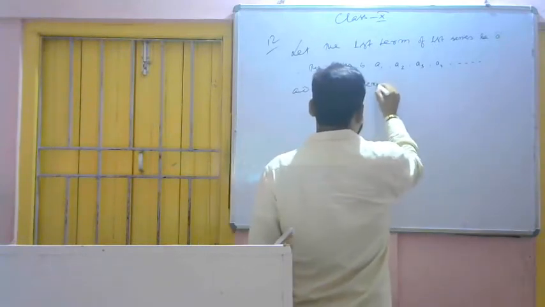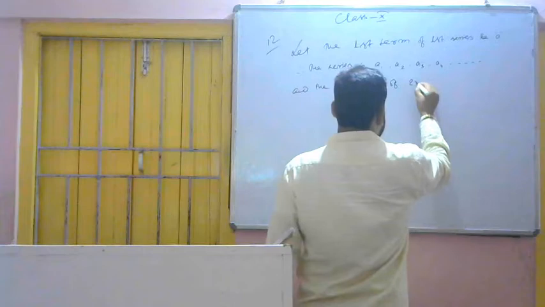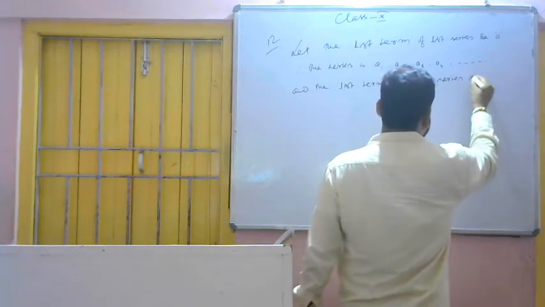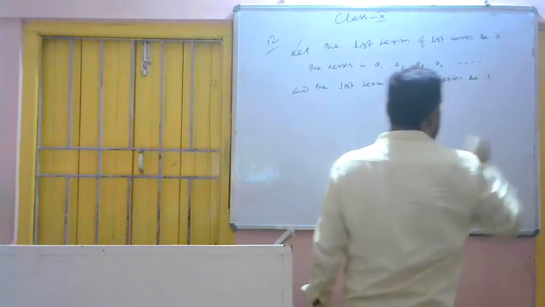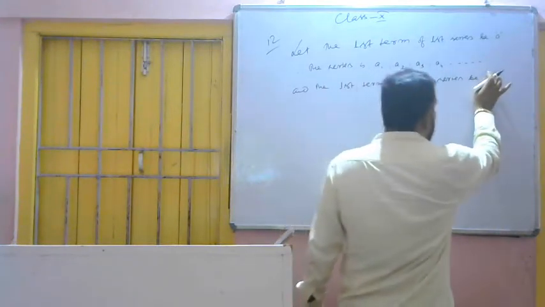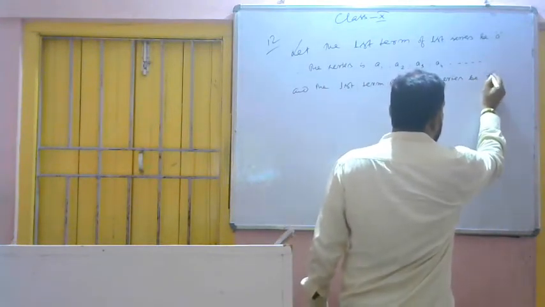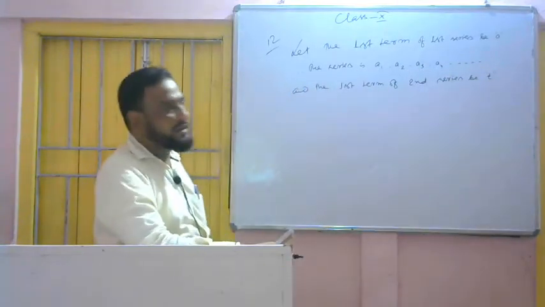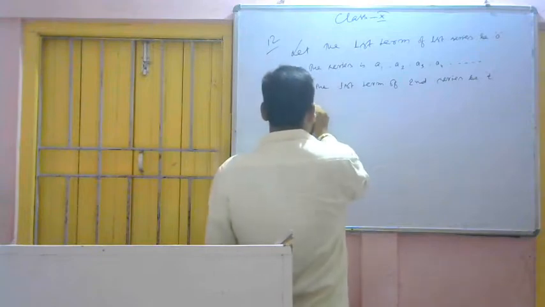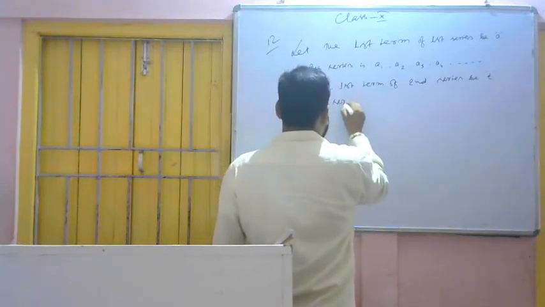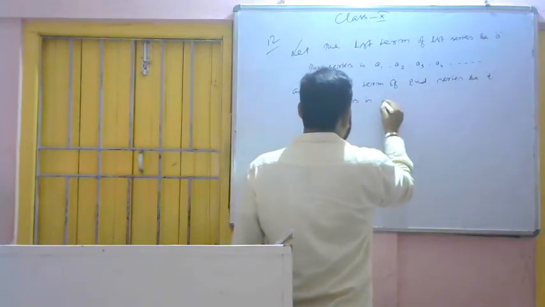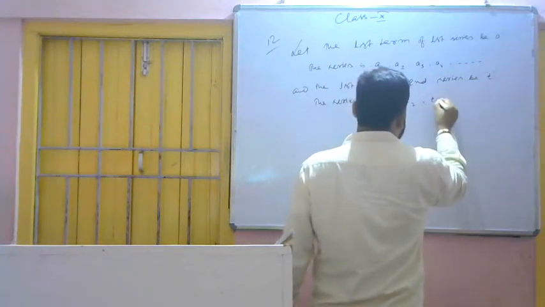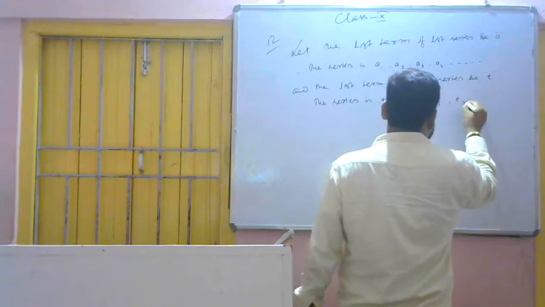Let the first term of the second series be t. I am here considering two series, so one's first term is a and the other's first term is t. Therefore, the series is t1, t2, t3, t4.